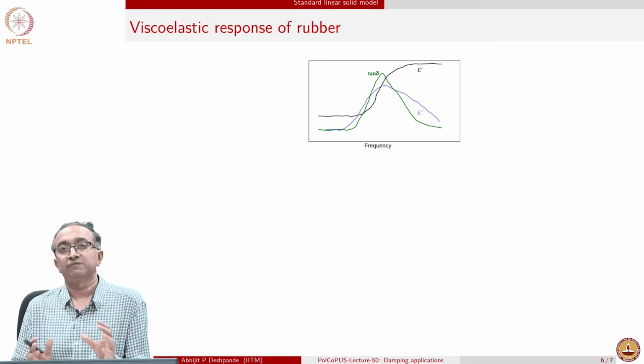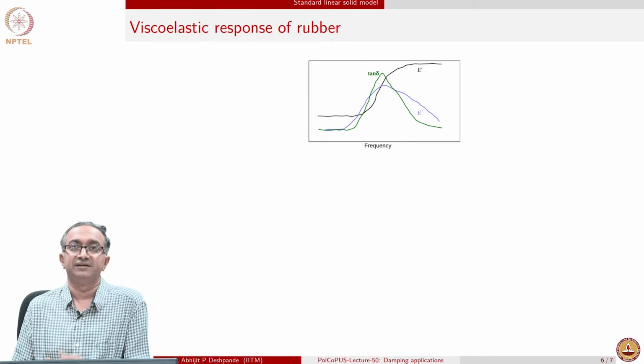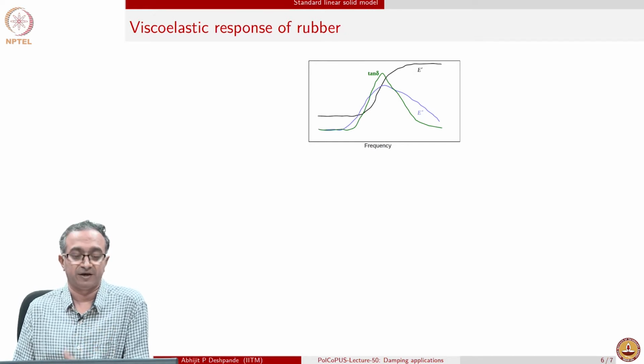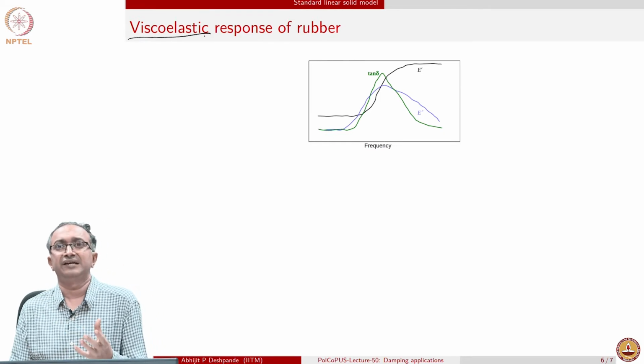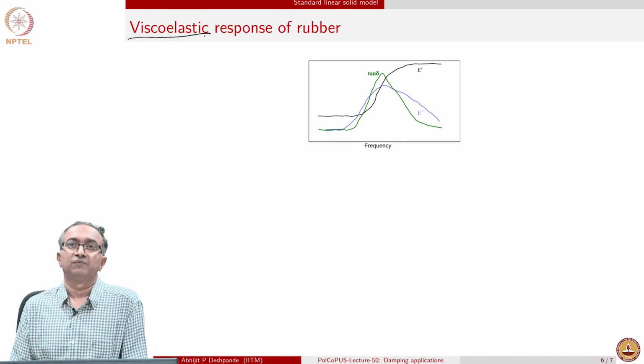So, in closing, what we will do is look at a generic response of rubber materials, given that they are used so much in these damping applications and energy dissipation applications. So, the viscoelastic response of rubber generically is as follows.